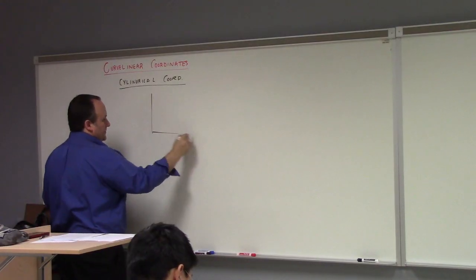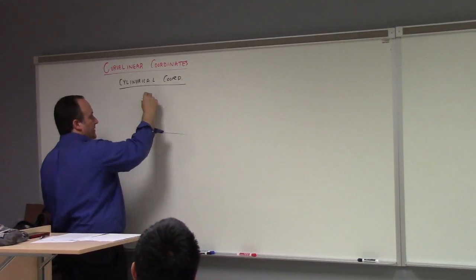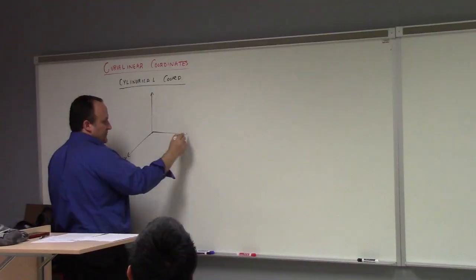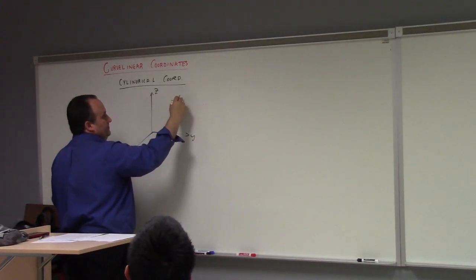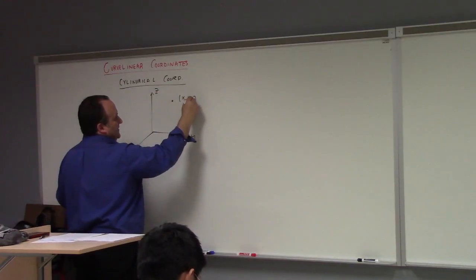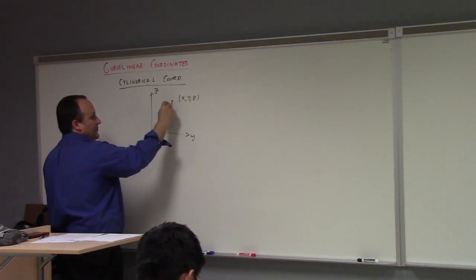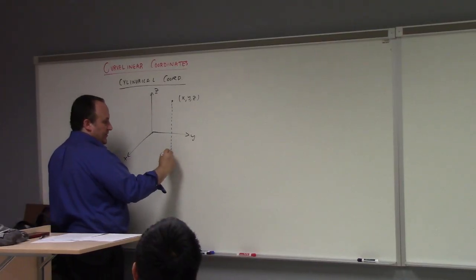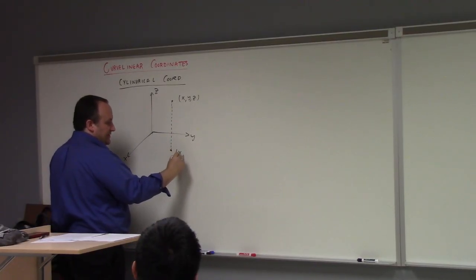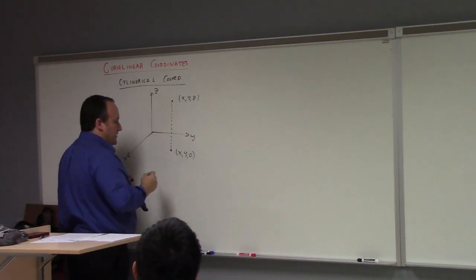If I draw my usual x, y, z picture and take a point up here, x comma y comma z, you can project it down to the xy plane, where it would be x comma y comma 0.